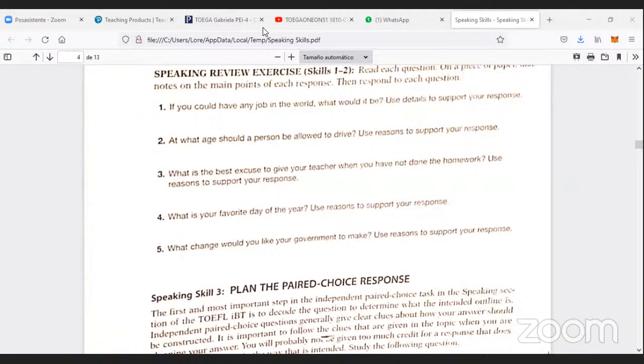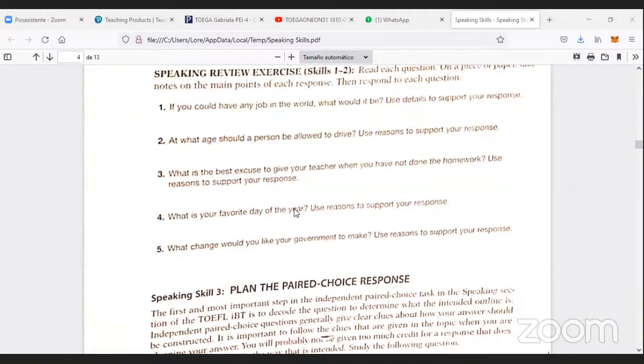But okay, in conclusion, I think there are two reasons to give an excuse to a teacher. One is work, and the other one is family.